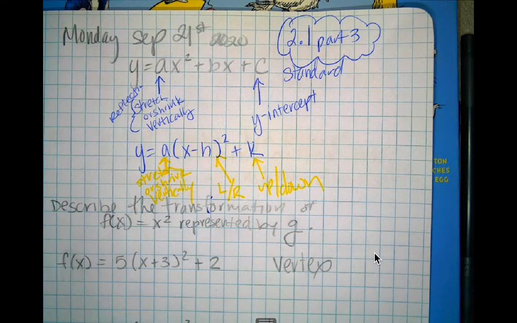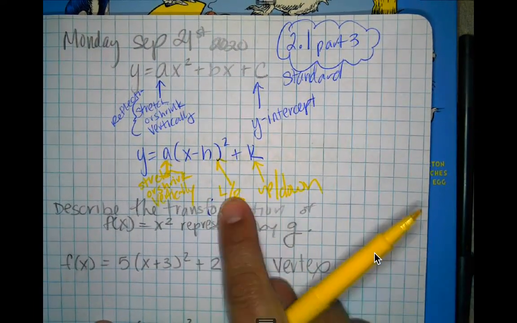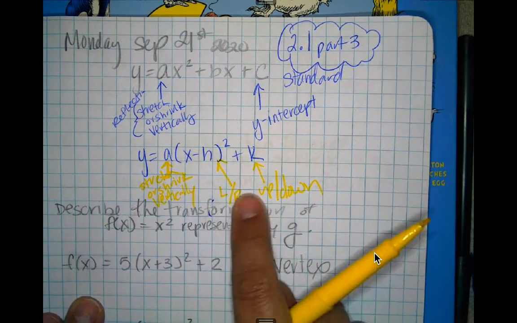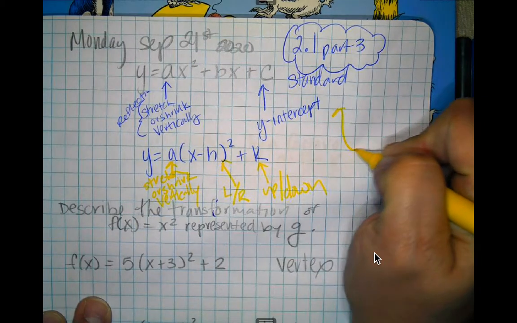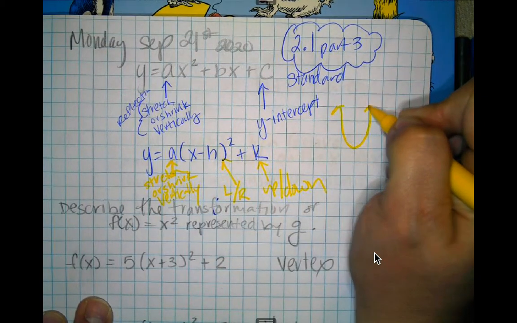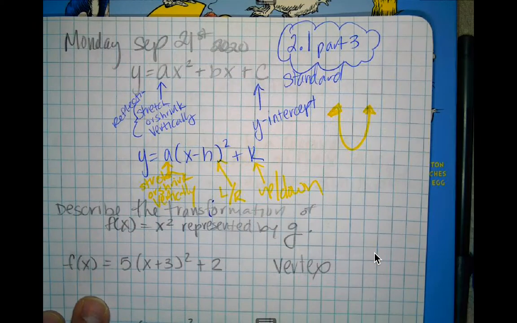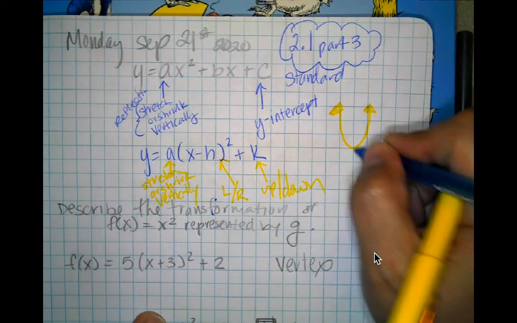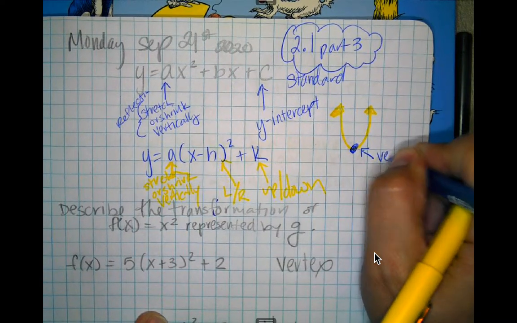One thing I haven't pointed out yet is that these shifts left and right and up and down actually control where the vertex is. Remember the graph makes that U shape. There's a point where the graph turns, and that point is called the vertex.